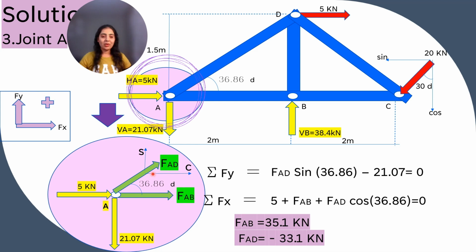So for this force FAD, we have found the angle 36.86 degrees, and as per the trick, this FAD is making an angle with the positive x axis.